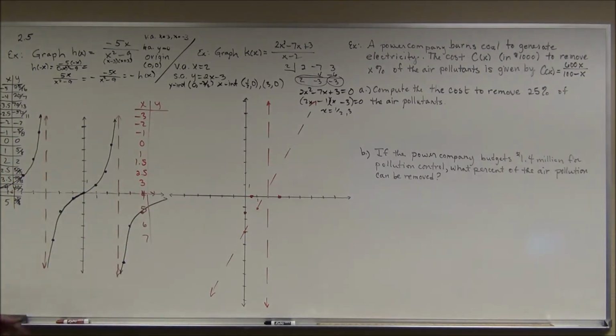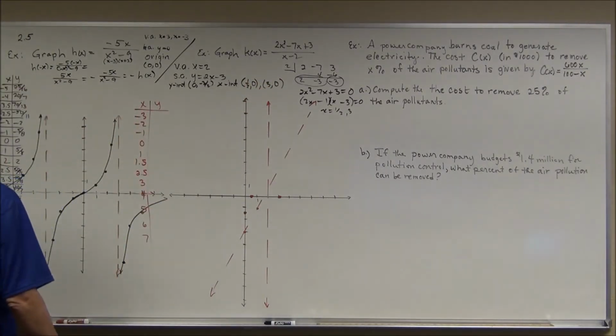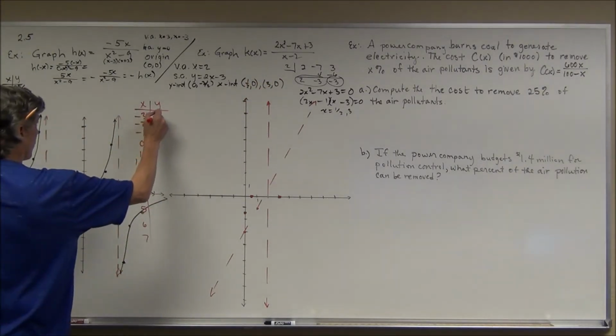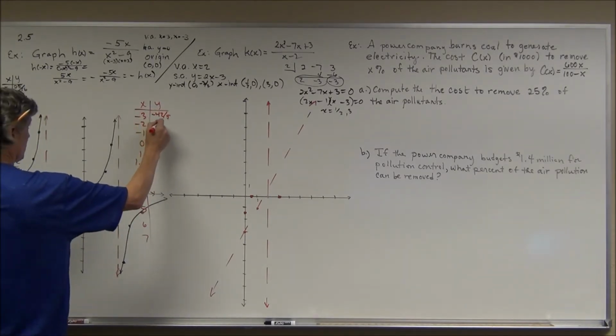Now, this is really the time-consuming part, plugging these values in, especially with the fractions. But I went ahead and did it before class here, and before my video, I should say.